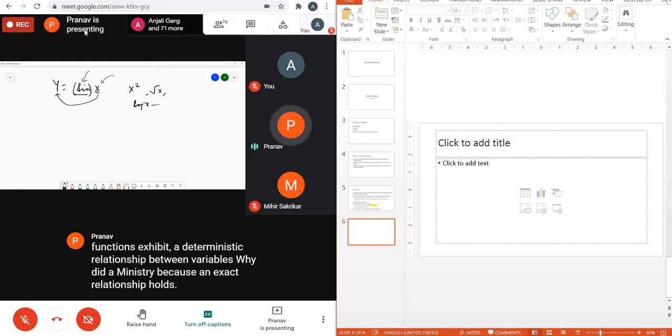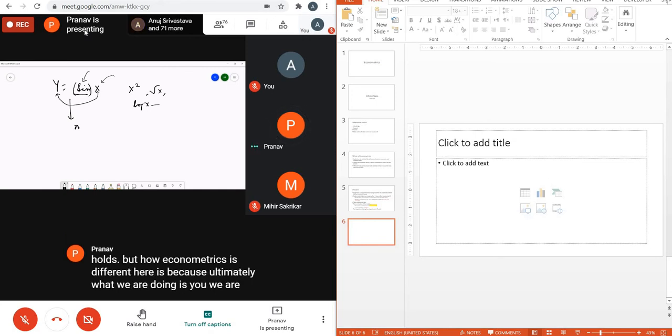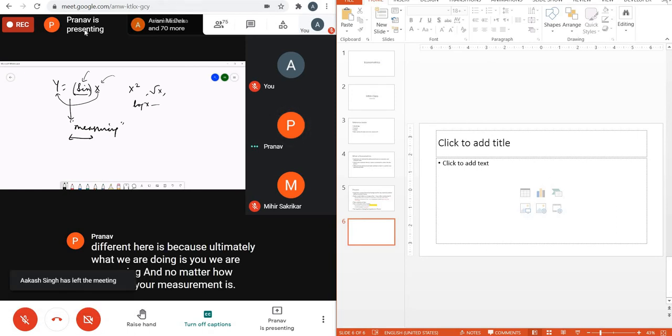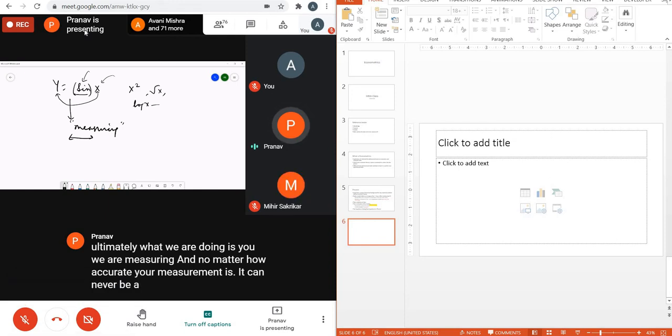But how econometrics is different here is that ultimately what we are doing is measuring. And no matter how accurate your measurement is, it can never be a deterministic relation.